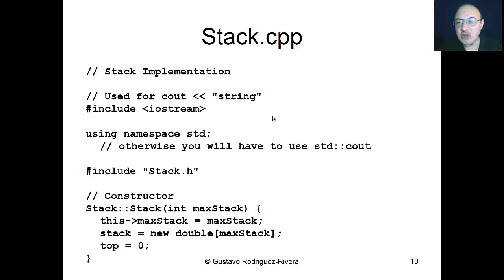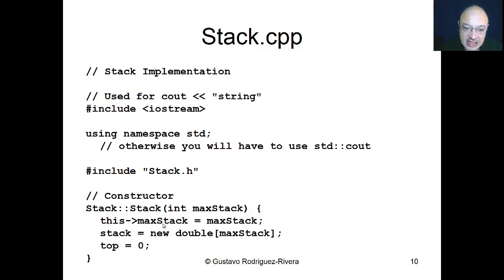In this case, in the .cpp file in C++, you need to define what is the class the method belongs to. For example, in this case, the constructor receives the maximum size of the stack. You initialize the member variable maxStack with maxStack.